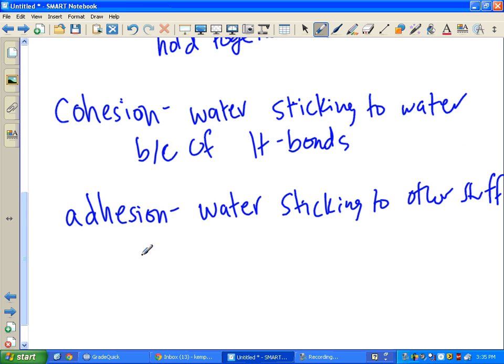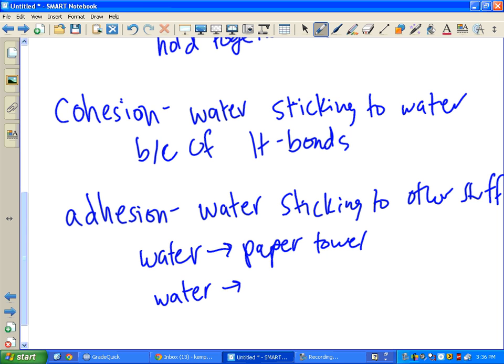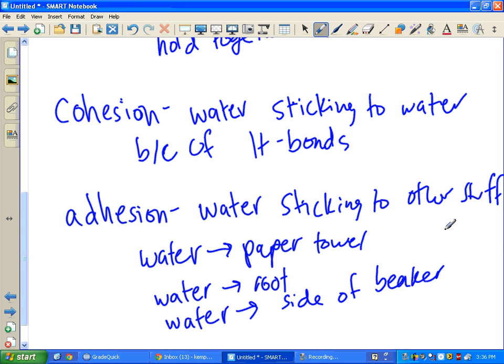So that is like water sticking to, I don't know, a paper towel, for instance. Or water sticking to a plant root. Or water sticking to the side of a beaker, making the meniscus, making the water go up on the sides like that instead of just going straight across.